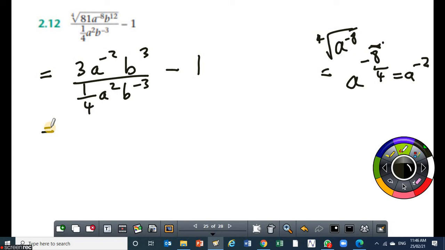So you divide the coefficients, you get a 12. Then, since the base is the same here, we can subtract the exponents. So this will be a to the power of minus 2 minus 2. I'm showing you the working out because I don't want to do it in my head. Then b to the power of 3 minus 3. Then we subtract 1.